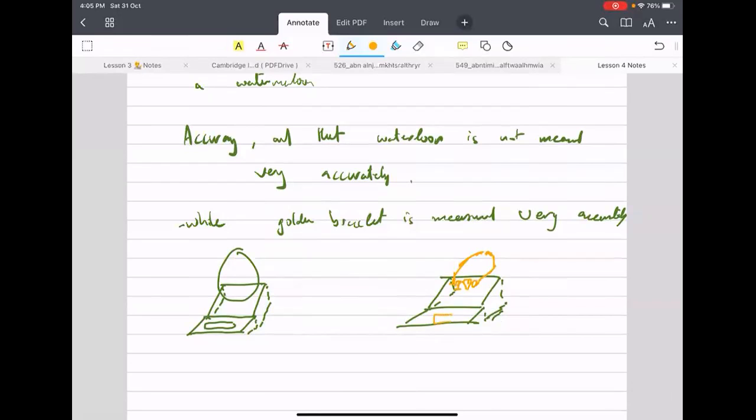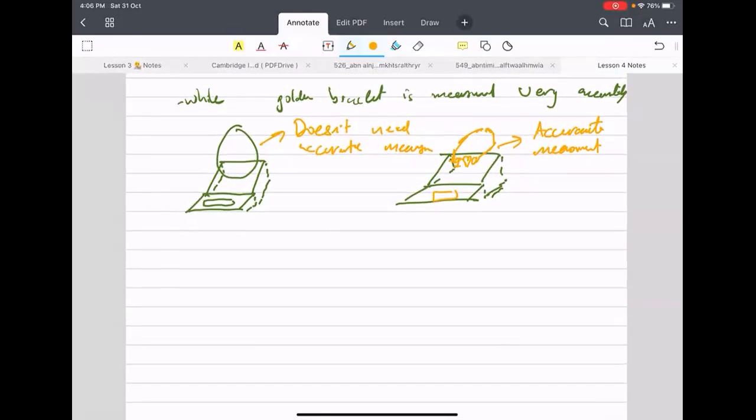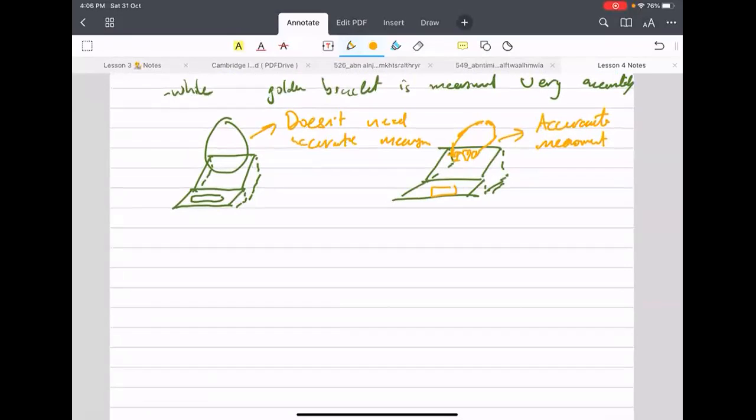And we said it needs accurate measurement. Watermelon does not need accurate measurement. Then we saw accuracy is how much you get the fine details of everything.